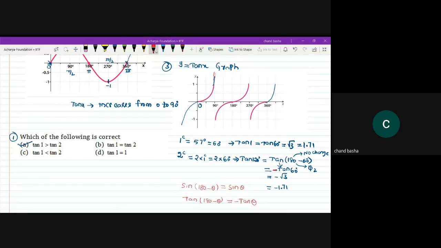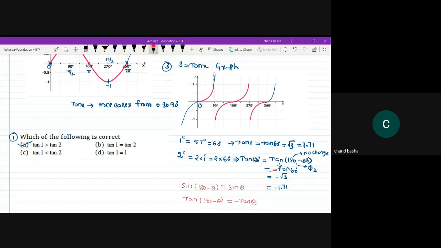Yes or no? Like in an angle, if just a numerical value is given, you have to understand it is in radian system. And he never represents the unit for radian system. Degree means clearly he will mention it, like the previous question: sine 1 degree, sine 2 degrees, like that.